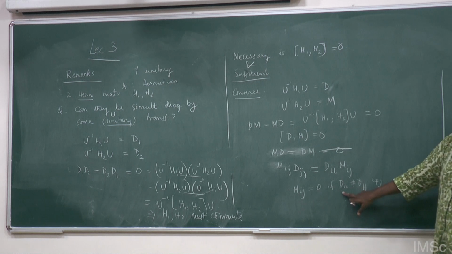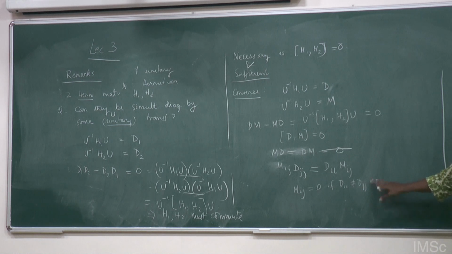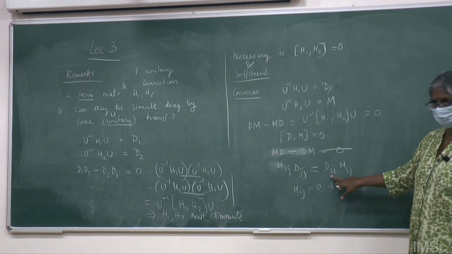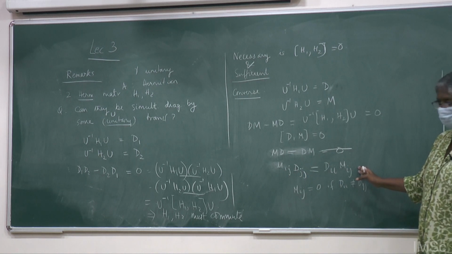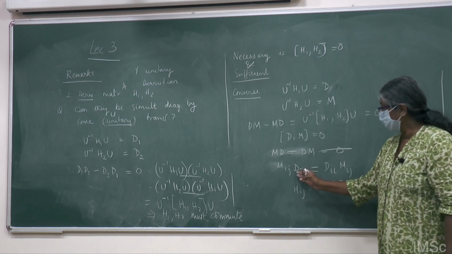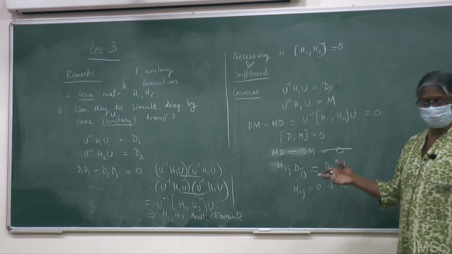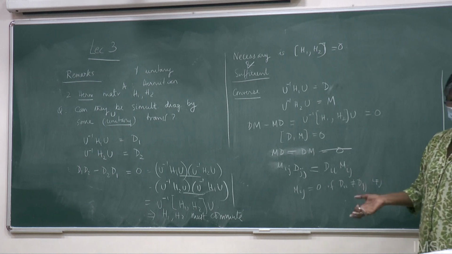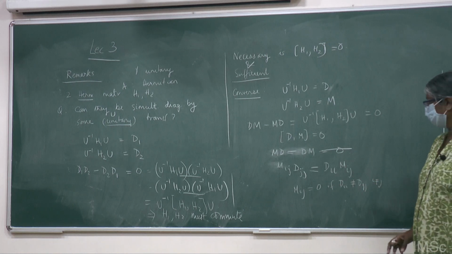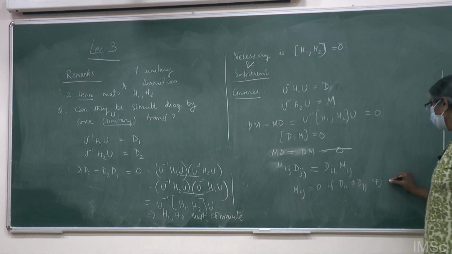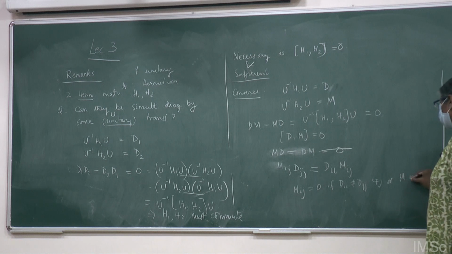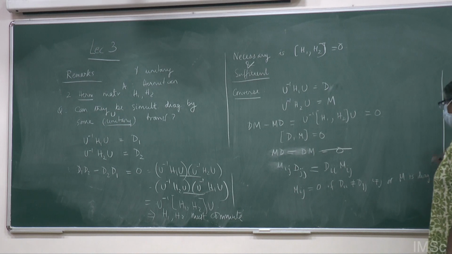So if the ith element of d and the jth element of d are different, then the only way you can make these two equal, because this is different from this, but there is an equality and both of them are Mij on both sides. This is an element, therefore I can write this as djj into Mij, because when you have it as components then I can interchange them. There's nothing about commuting, non-commuting, anything. So that means the only way you can have it is Mij equal to 0, i not equal to j, or m is diagonal, because all the non-diagonal elements are 0.